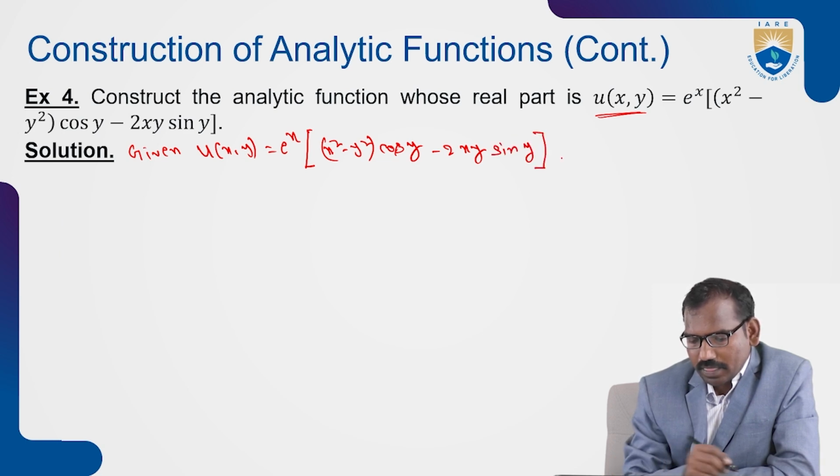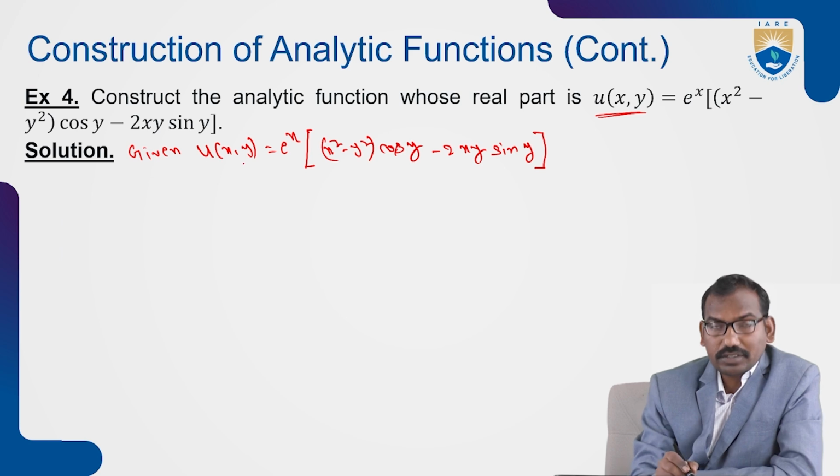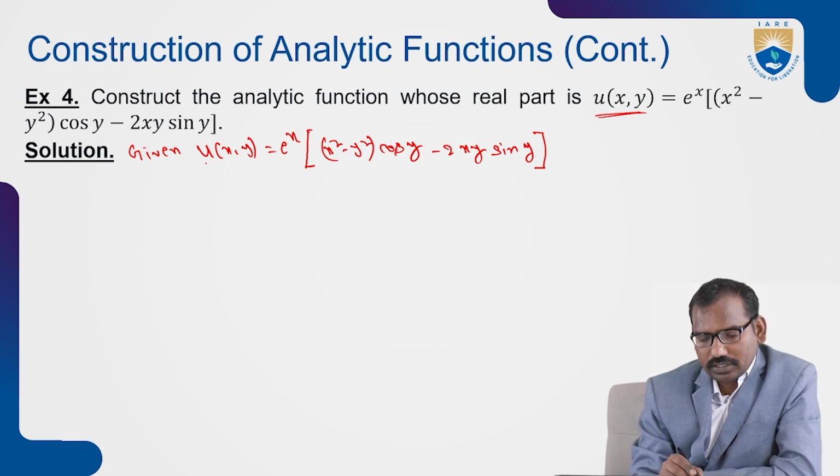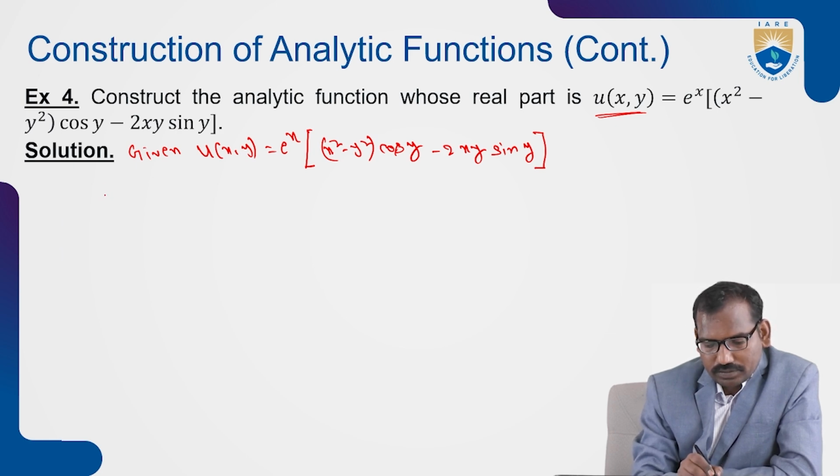Okay, right. So it is the usual practice: you will calculate the partial derivatives of u with respect to x and y. This is the first step in Milne-Thomson. So here I am calculating u sub x, the partial derivative with respect to x. Here I am taking e power x.